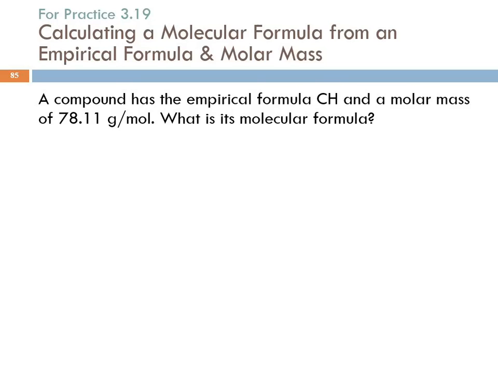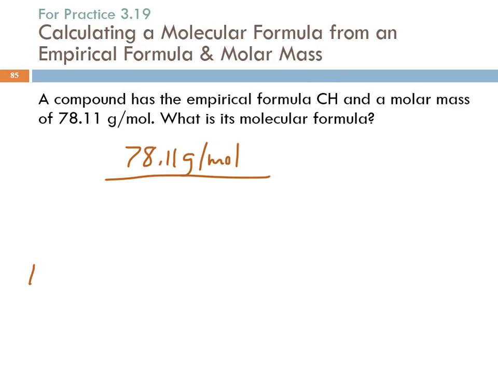A compound has the empirical formula CH and a molar mass of 78.11 grams per mole. What's the molecular formula? So we need to take the molar mass, 78.11 grams per mole, and divide it by the mass of this formula.